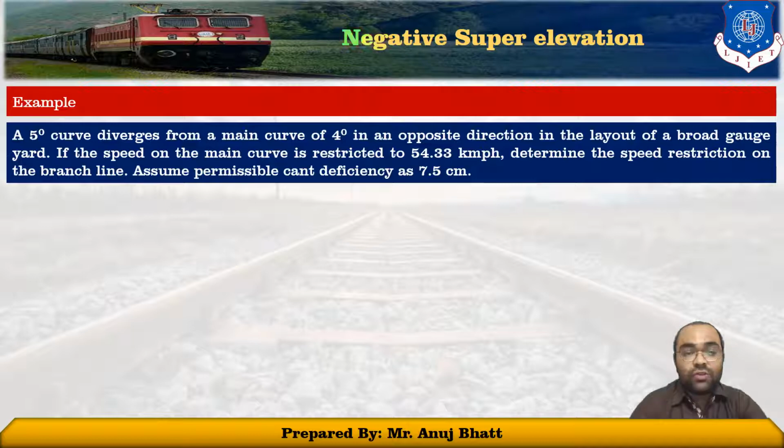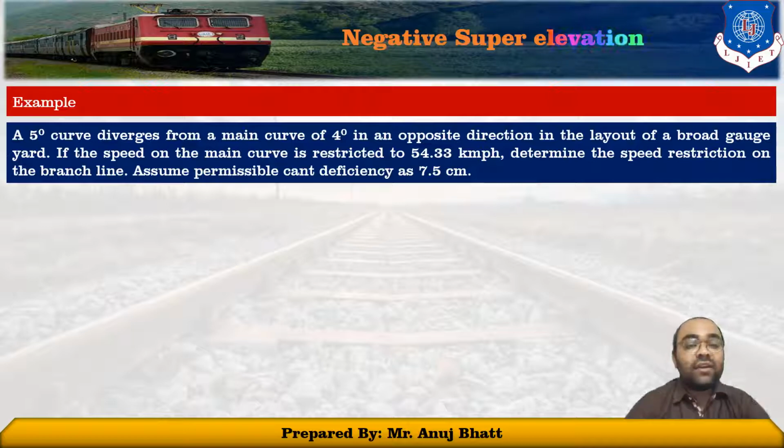And we have to assume the cant deficiency as 7.5 cm. If this cant deficiency is not given, then we have to follow the permissible cant deficiency up to the speed of 100 km/h.